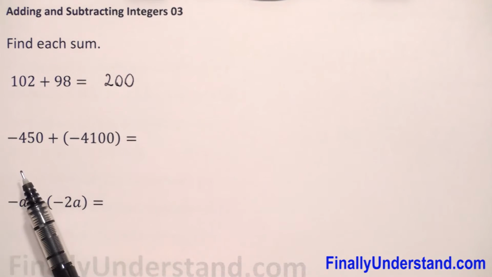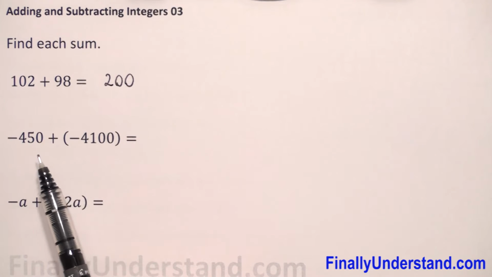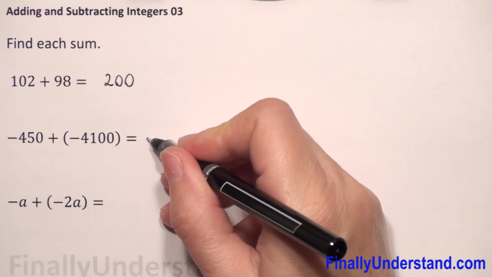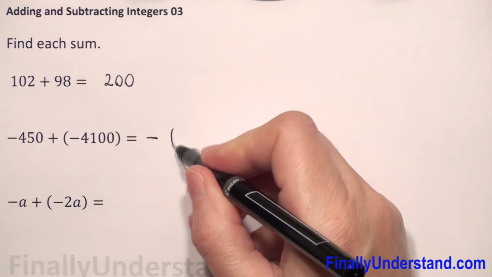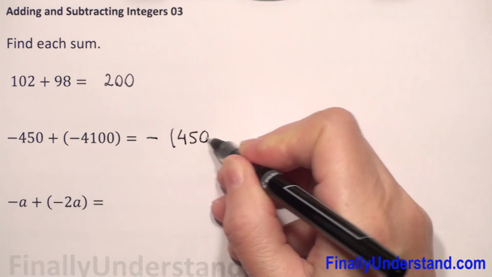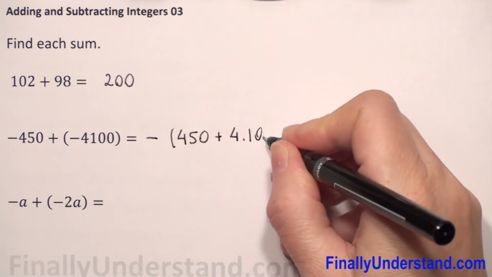Next example, now we have two negative integers, both negative. So we copy the negative sign and we have to add the numbers 450 and 4100.